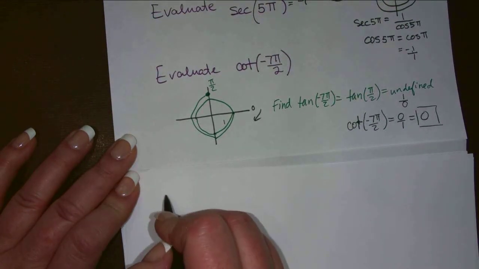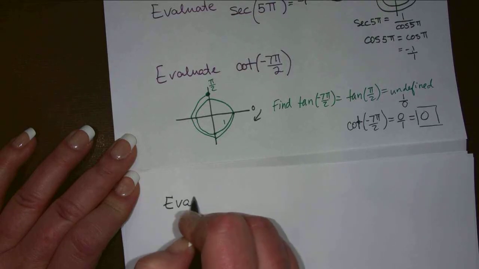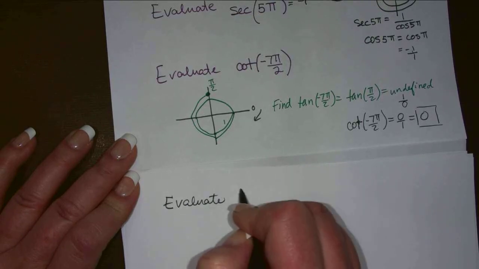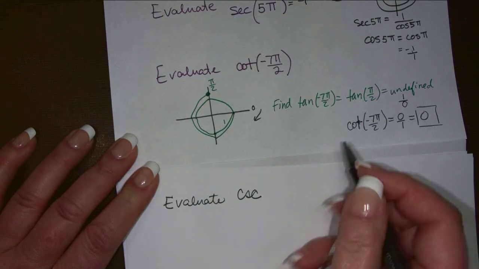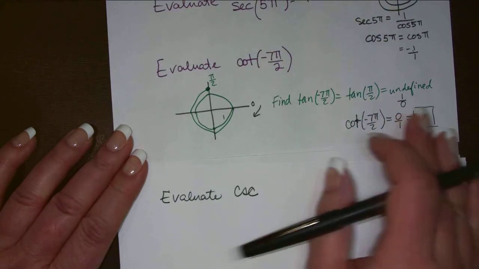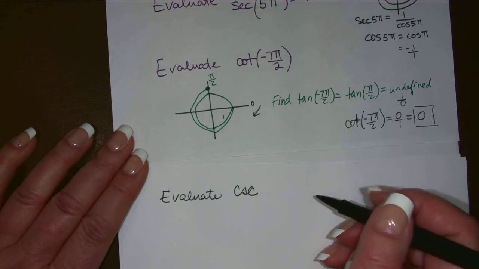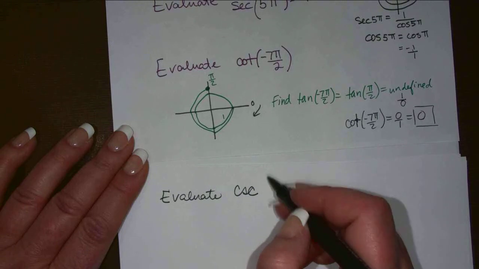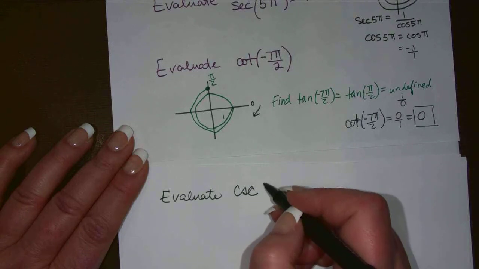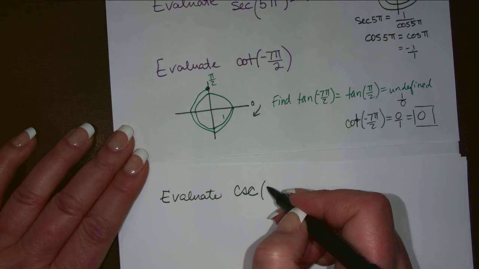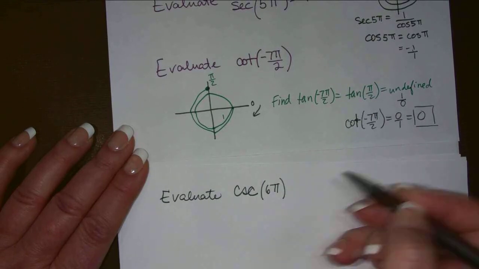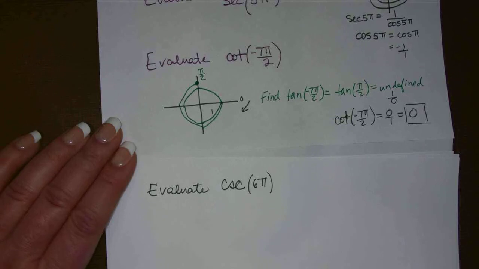Let's say, evaluate cosecant of 6 pi. Because we're looking for cosecant, we need to find sine.